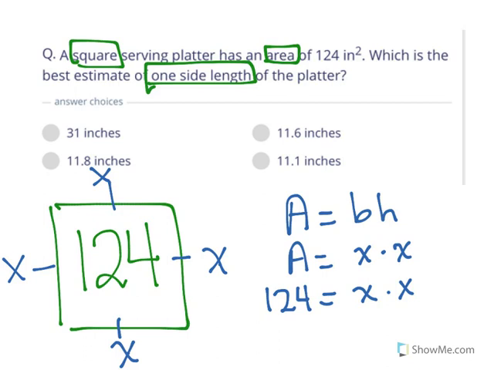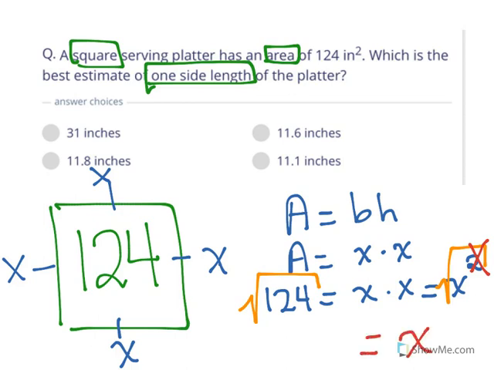I also know that when I multiply something by itself, that is the same as an exponent, x squared. And the inverse operation to go backwards is what we call using a square root. I need to do the square root to do the inverse. So the square root gets rid of the exponent and leaves it as x.